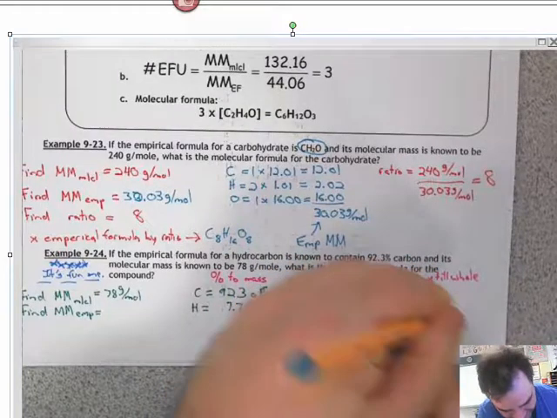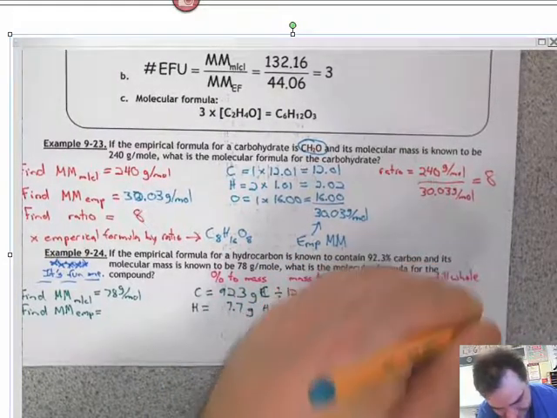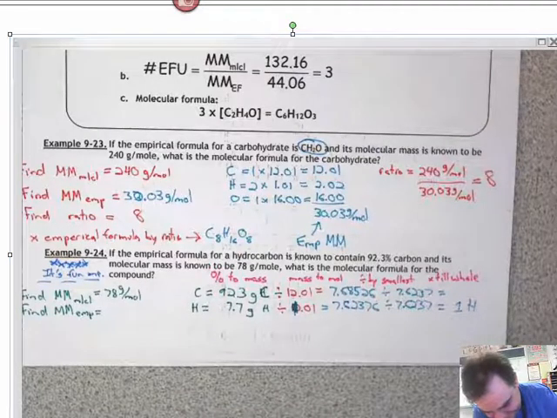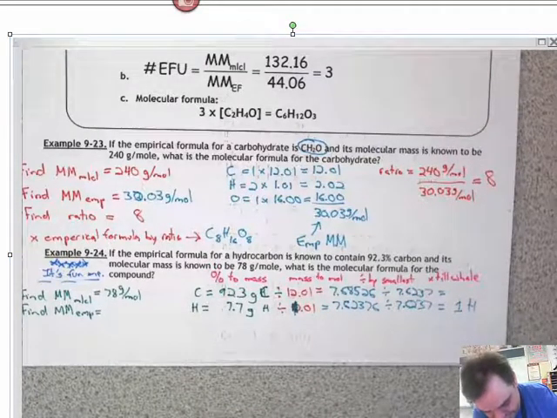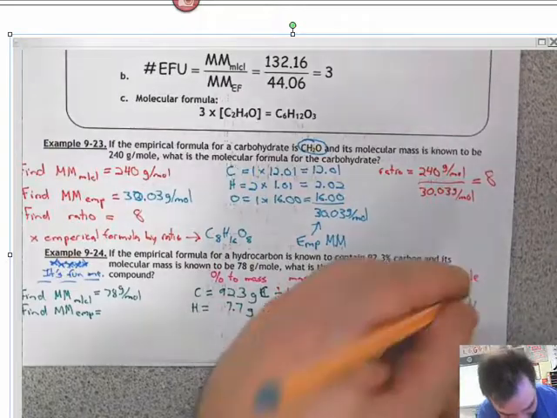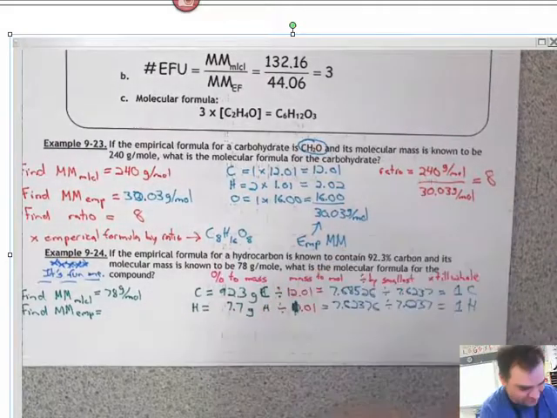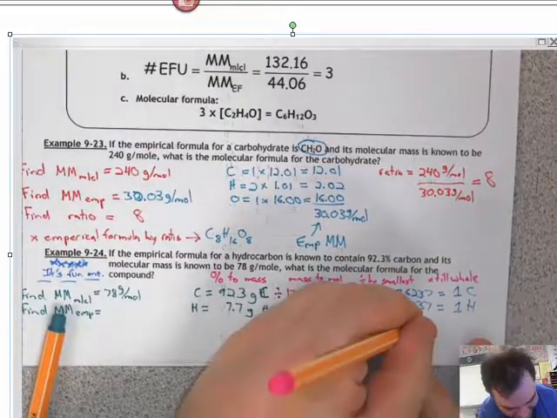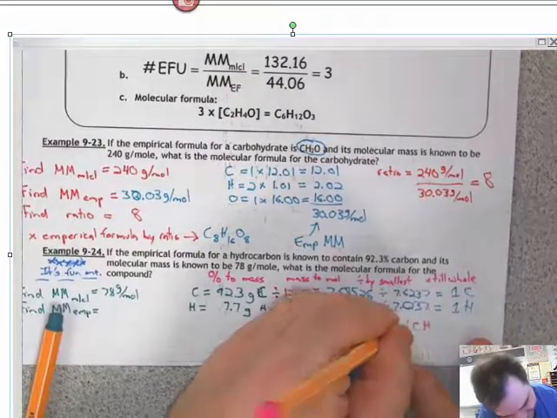Here we get 1 hydrogen. When you actually divide these numbers, you get 1.008. That's close enough to 1. So we get 1 carbon. So I know my empirical formula is CH.